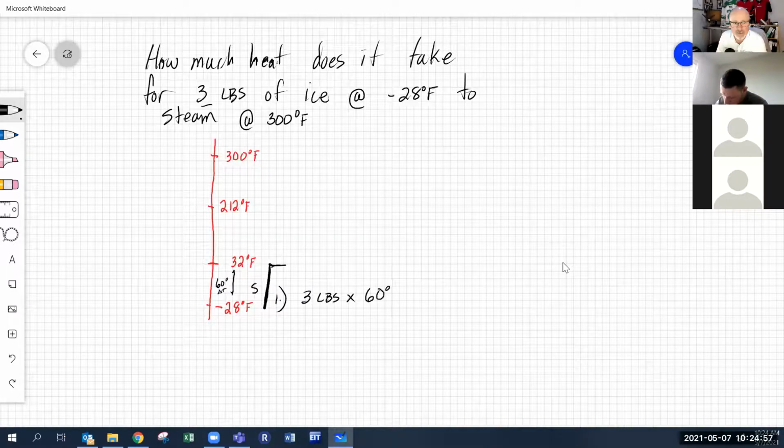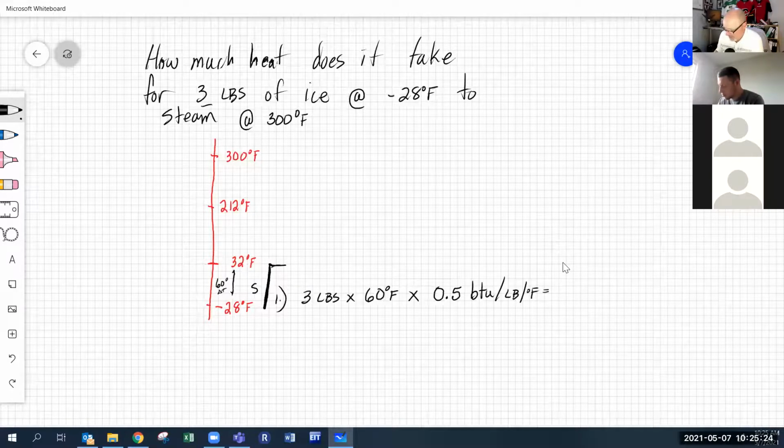Times that by 60 degrees Fahrenheit, and we're going to multiply that by the specific heat capacity of ice in imperial measurement. If I go back to that table, it is 0.5 BTUs per pound per degree Fahrenheit.